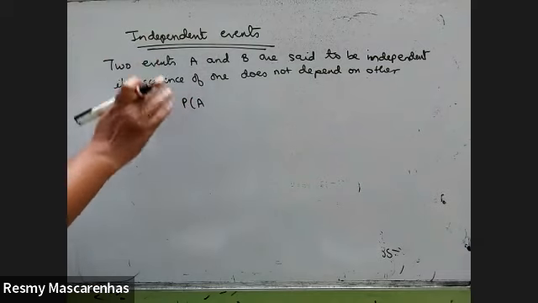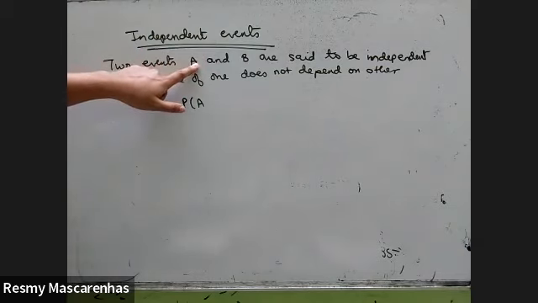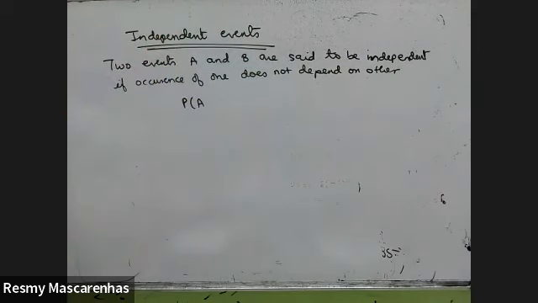They are independent means what? Whatever is happening with A is not dependent on B, and whatever is happening with B is not dependent on A.